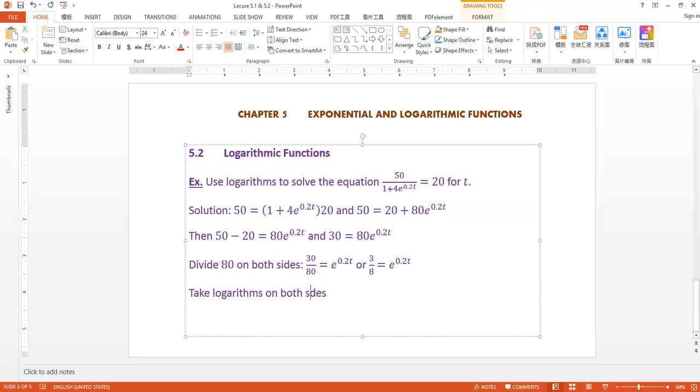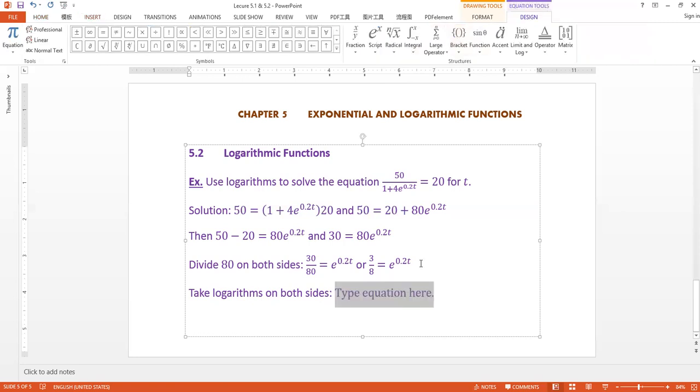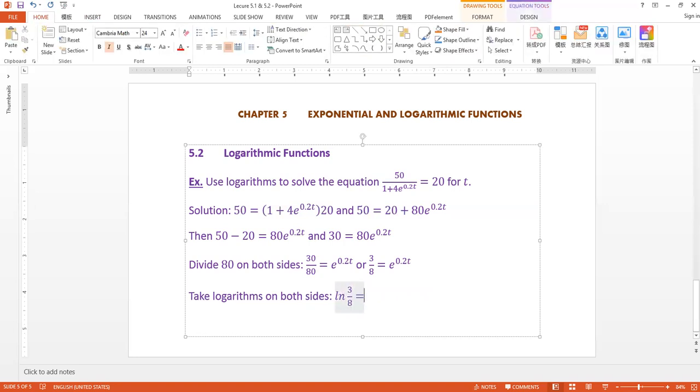So then what happens is we get ln 3/8 equals ln e to the 0.2t, but you know, when we take a natural log, ln means natural log.